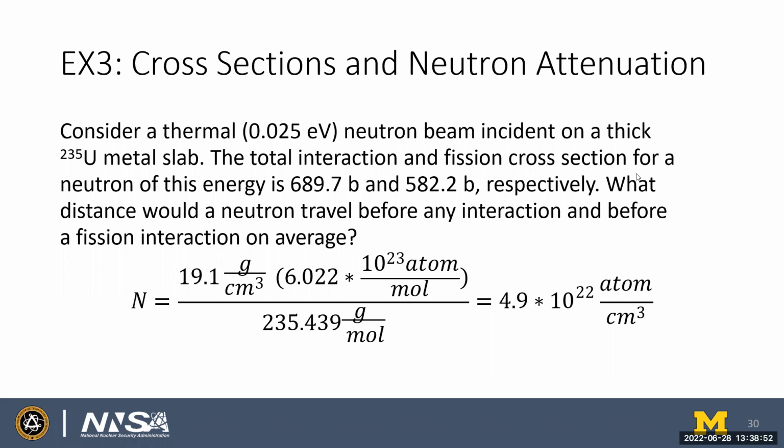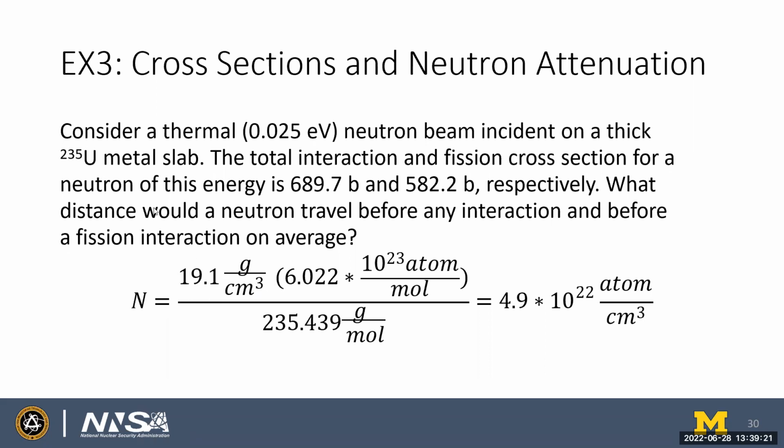I'm doing this example here, a bit of a start for you to get you the number density, but from there, I'll give you a few minutes to get the mean free path that I described earlier. I'll go back to those equations as well, but go ahead and take a chance to write down the number density. The way we go about deriving that is we take the density as we more commonly know it in grams per centimeter cubed.